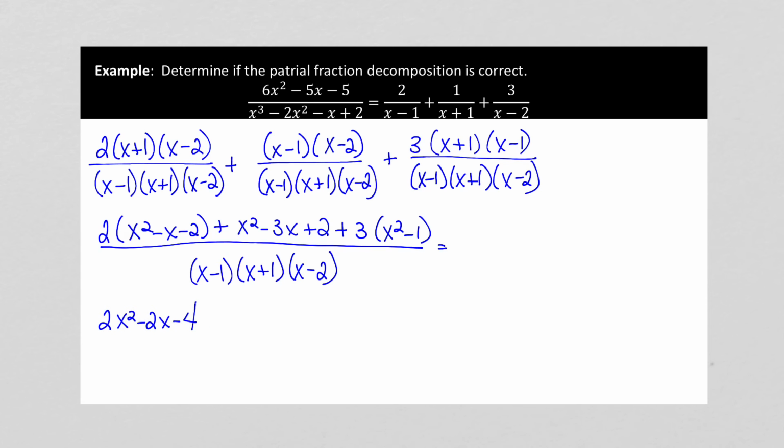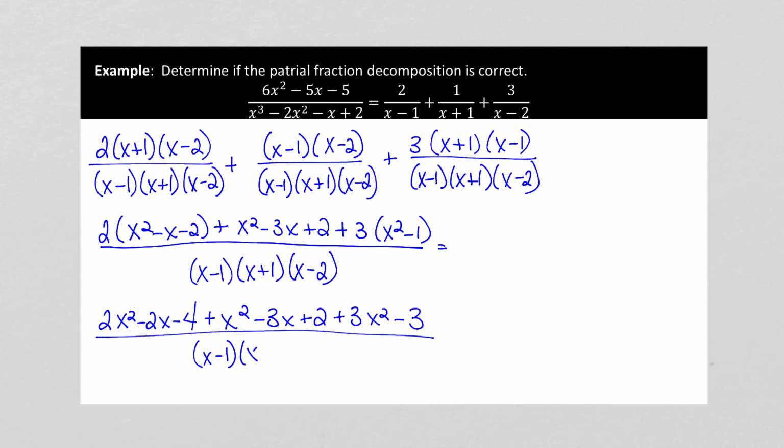Okay. And then we just have x squared minus 3x plus 2 and distribute the 3. So 3x squared minus 3. All over x minus 1 times x plus 1 times x minus 2.